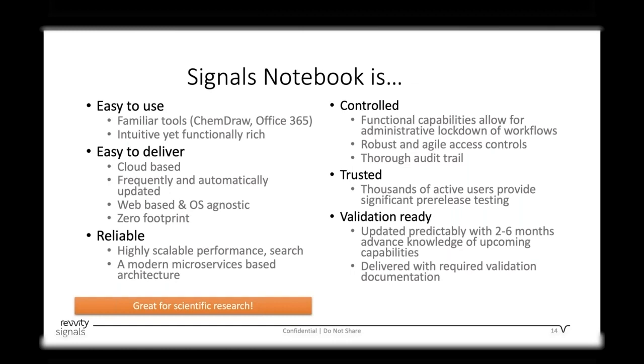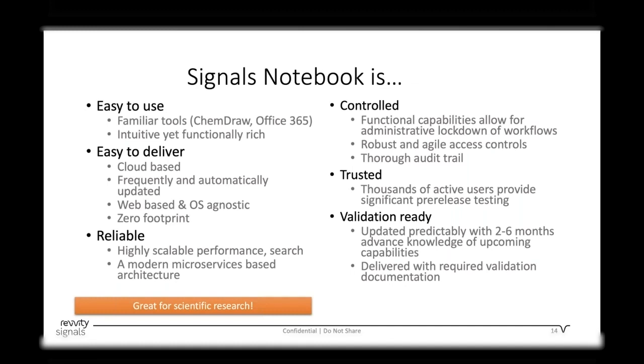Because Signals Notebook is a software as a service, everyone's getting exactly the same software, albeit changing through configuration. Thousands and thousands of users are using it, so it's highly trusted. We'll get into the details of this, but within a regulated environment, typically we bake in a delay. So those thousands and thousands of users are effectively doing user acceptance testing for you on every feature upstream, which gives you great reliability.